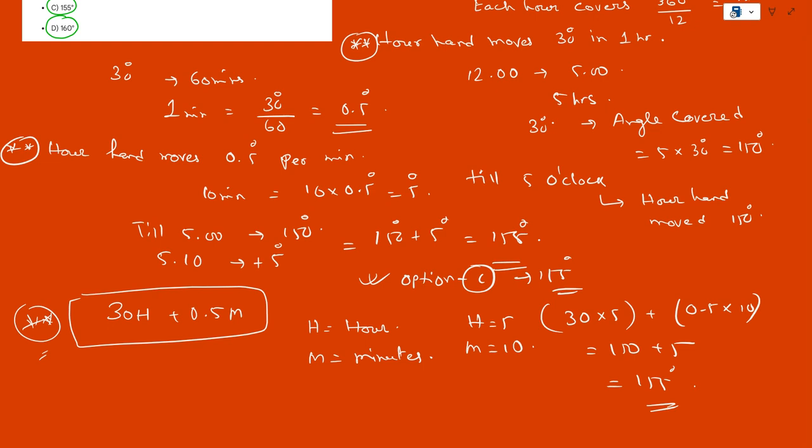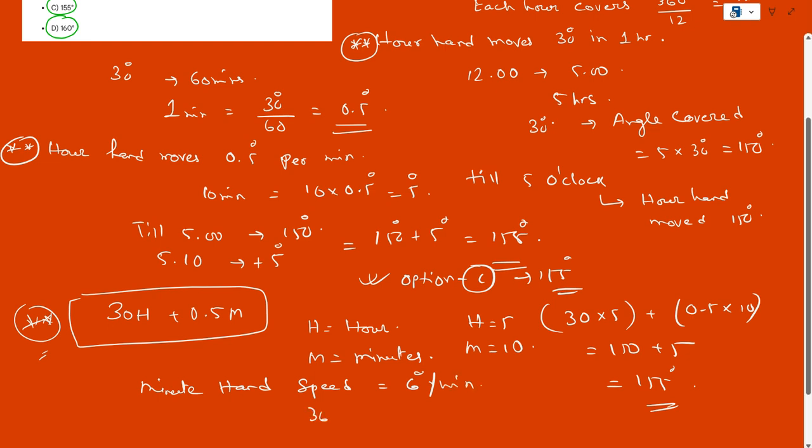Now remember this forever. Minute hand speed is 6 degree per minute because 360 degree in 60 minutes, right? And hour hand speed, this is 0.5 degree per minute.